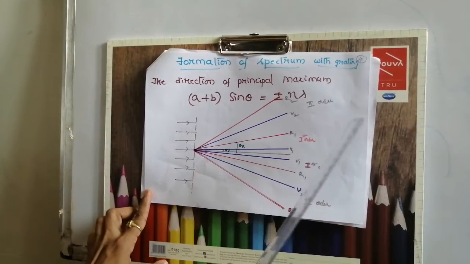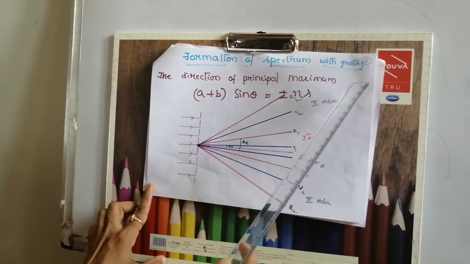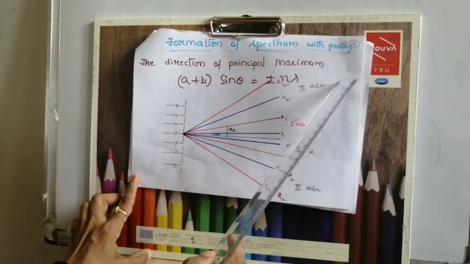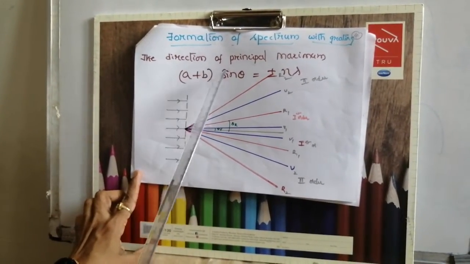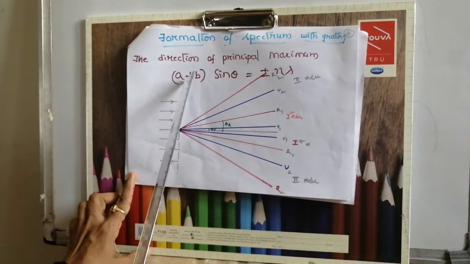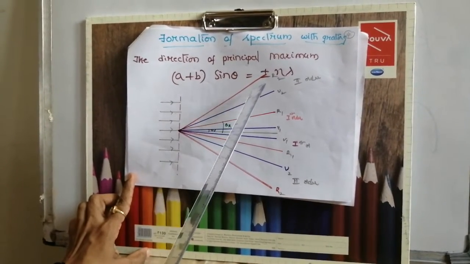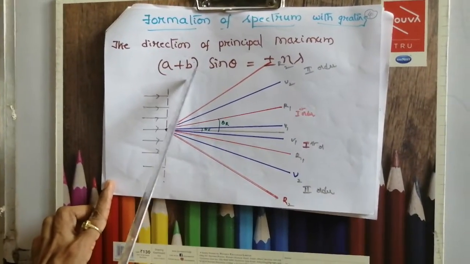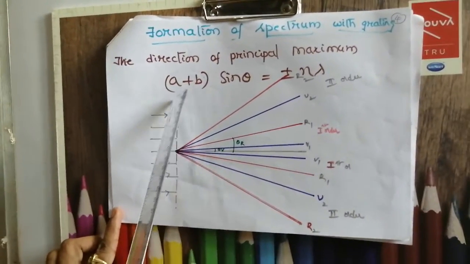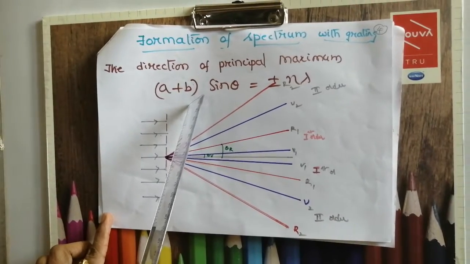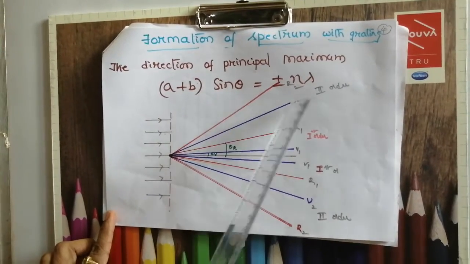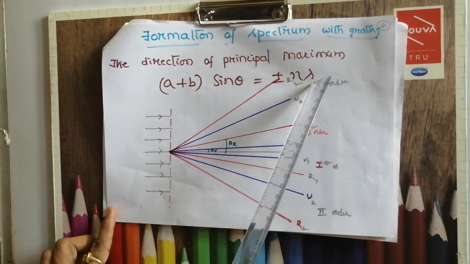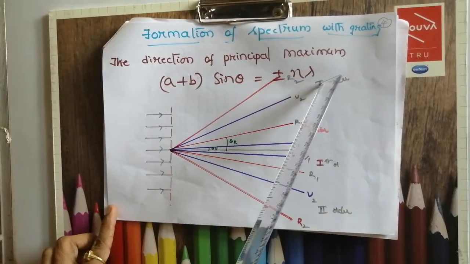Let us see how a grating can make a spectrum. How spectrum forms with grating. We know that the direction of principal maximum is (a plus b) sin theta equal to plus or minus n lambda. Here a plus b is the grating element. a is the slit width, b is the separation between the slits, theta is the diffraction angle, n is the order number, and lambda is the wavelength of light used.